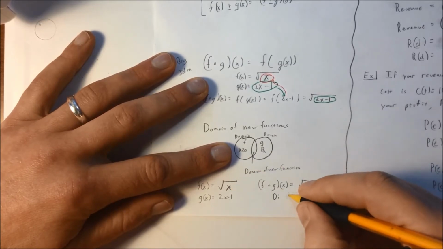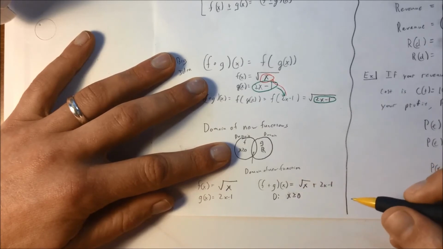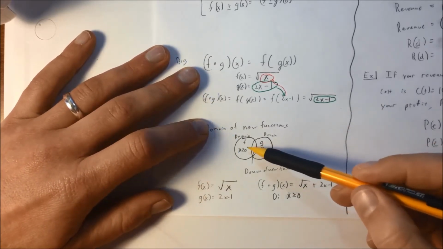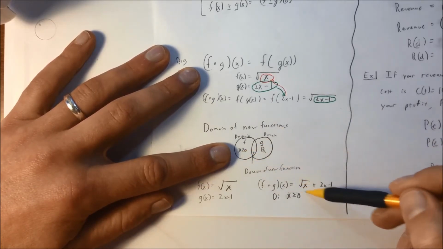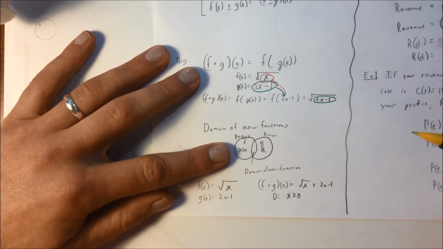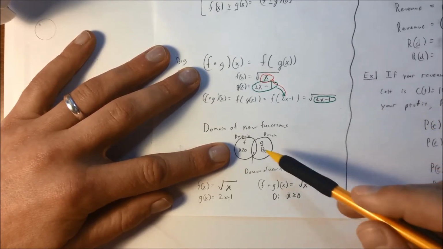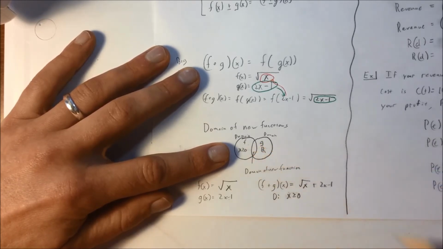So x's have to be greater than or equal to 0. All right? So if I need to find the domain of the new function, what I normally do is look at the new function and say, hey, what numbers can I actually plug in there? I can only plug in numbers greater than or equal to 0. But this is how you would graphically look at it right there. On to the next part.